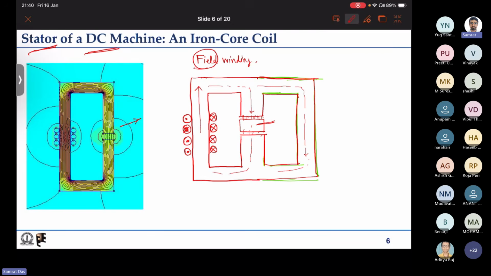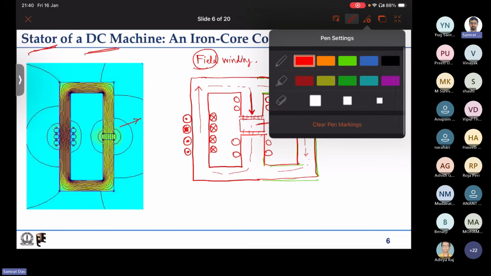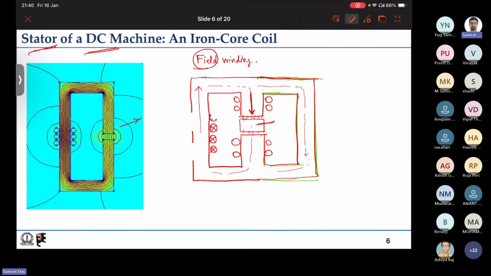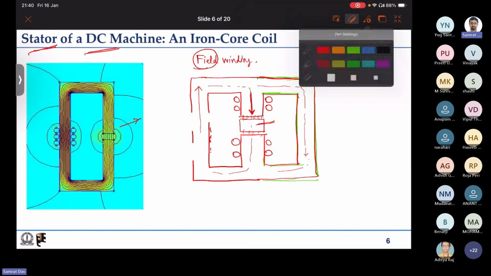So we will try to have inward flux flow. To do that, we will distribute the conductors here, rather than limiting the conductors to one limb. So I will erase those portions.